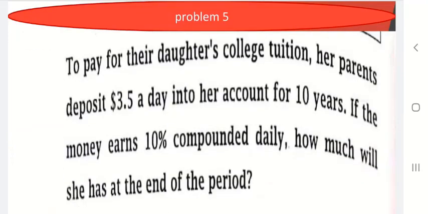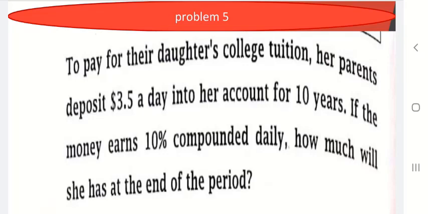Problem number 5. To pay for their daughter's college tuition, her parents deposit $3.5 a day into her account for 10 years. If the money earns 10% compounding daily, how much will she have at the end of the period?